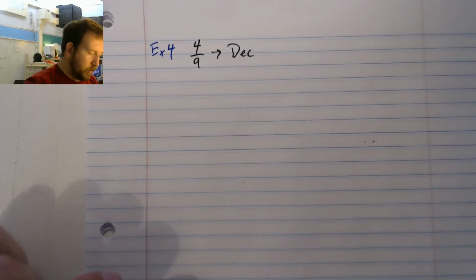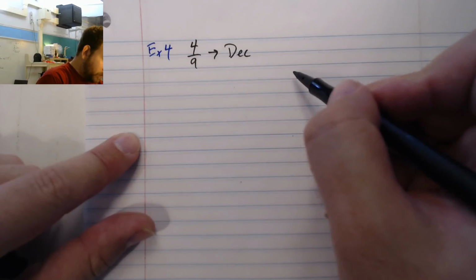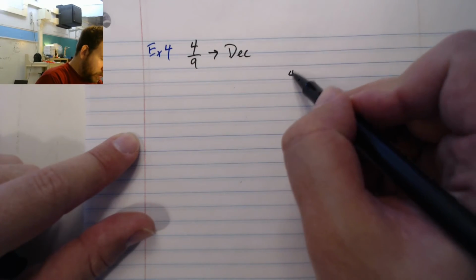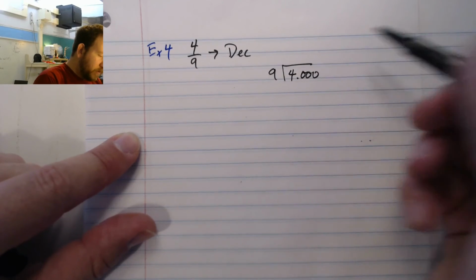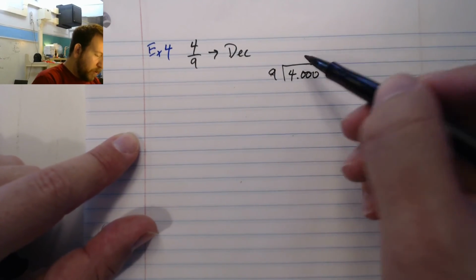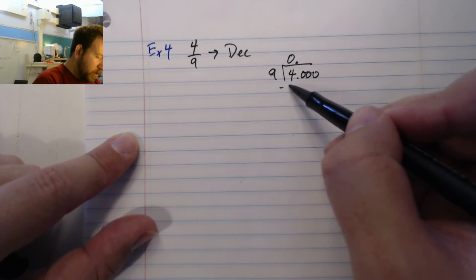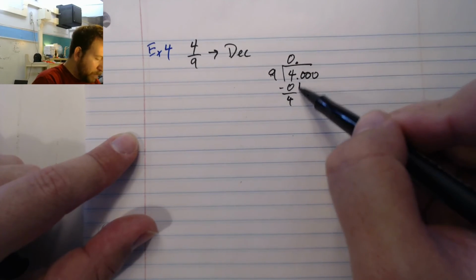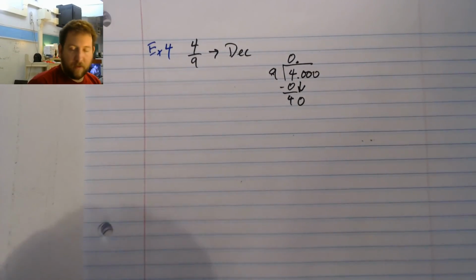My numerator goes inside, my denominator goes outside. I'm definitely going to need to add some zeros. How many 9 goes into 4? 0 times. 4 minus 0 is 4. Bring down a 0. How many times does 9 go into 40?